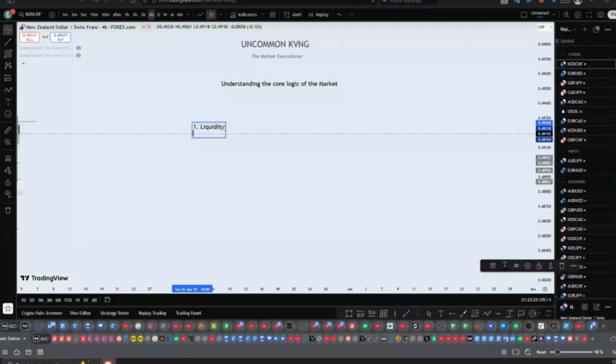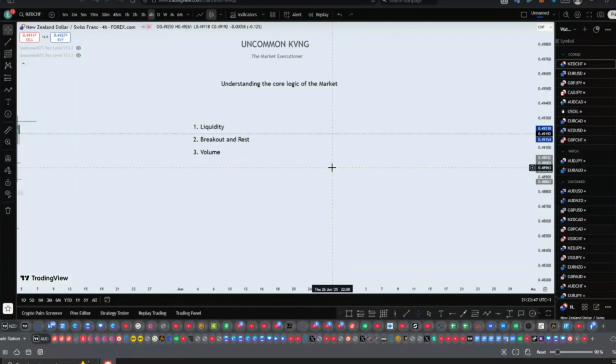These are the three things I've just mentioned: one is liquidity, two is breakout and retest, and three, we all go back to volume. These three things are what the market is based on.